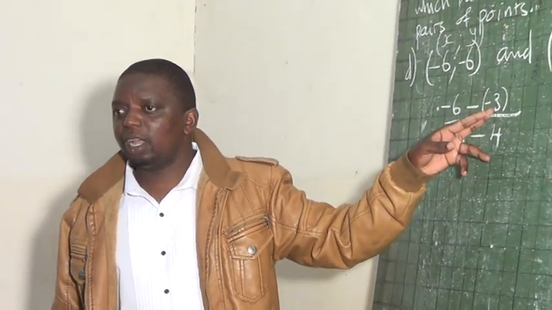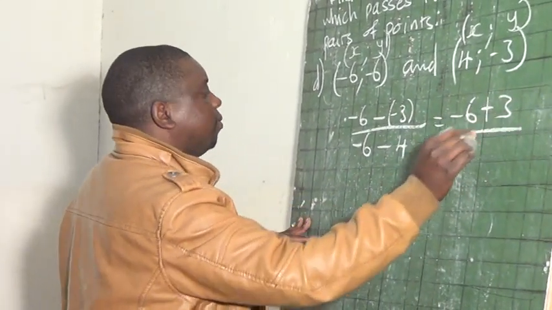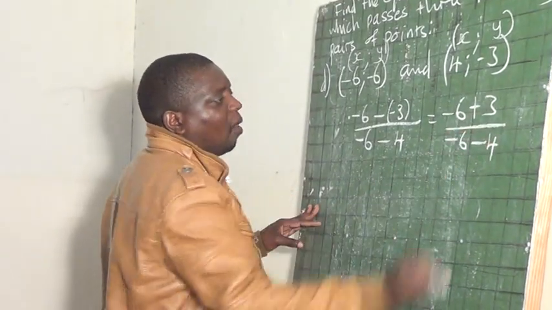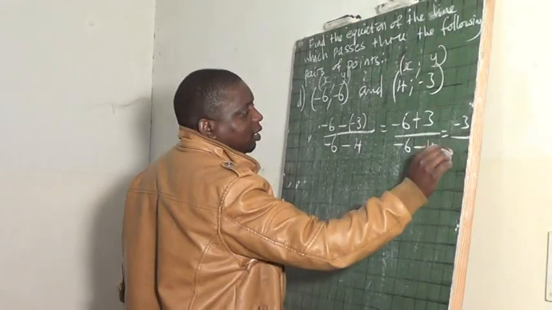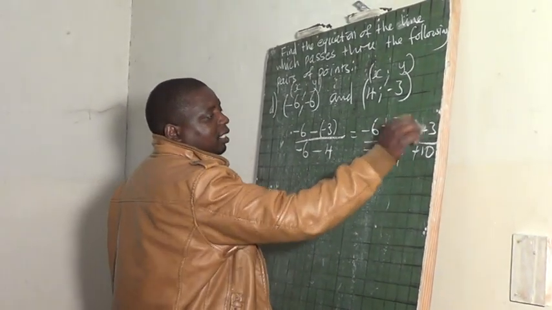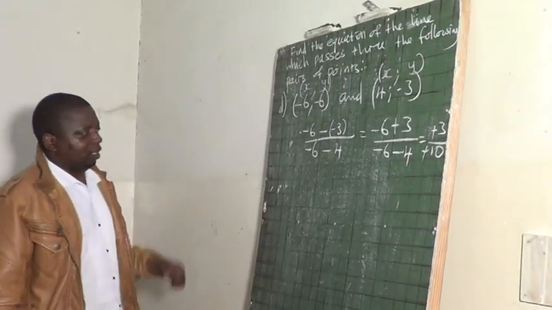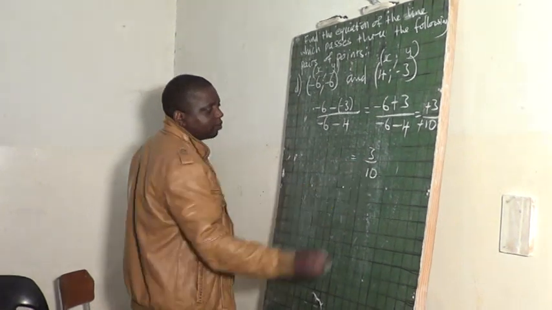Adding altogether. So it becomes minus 6 plus 3 over minus 6 minus 4. What is minus 6 plus 3? Minus 3 over minus 10 altogether. Minus and minus cancel off. You are left with 3 over 10 as your gradient.